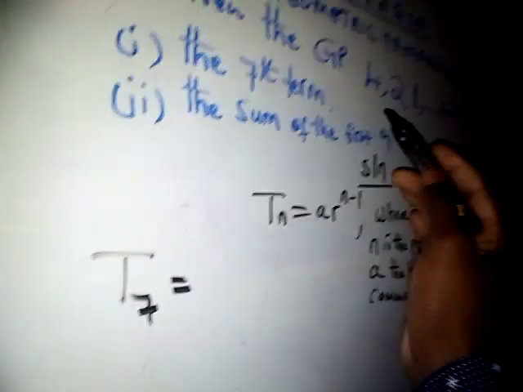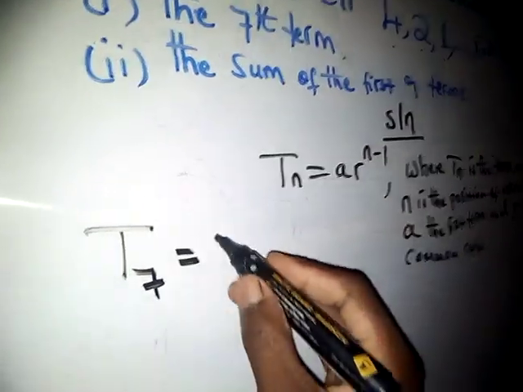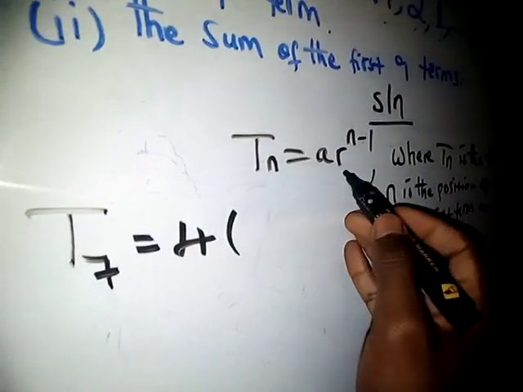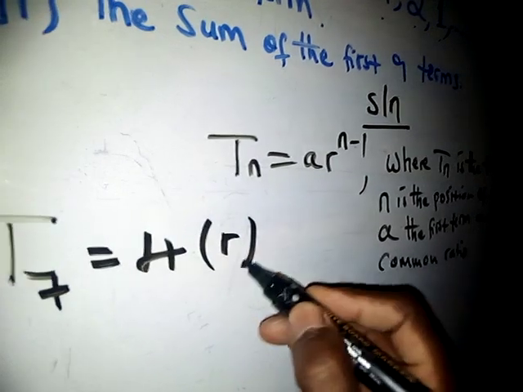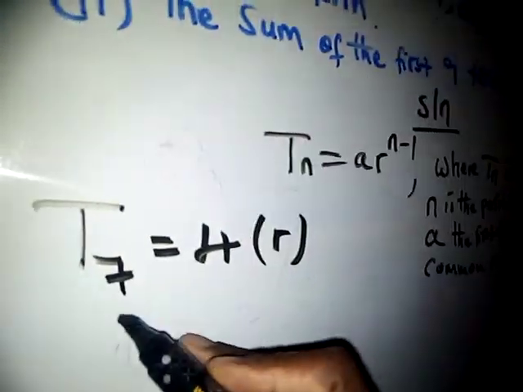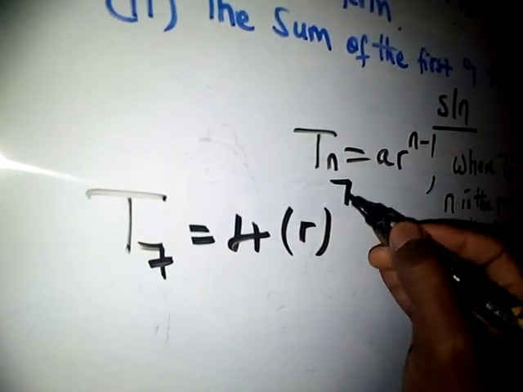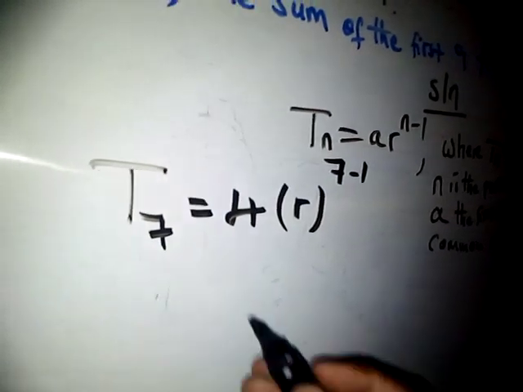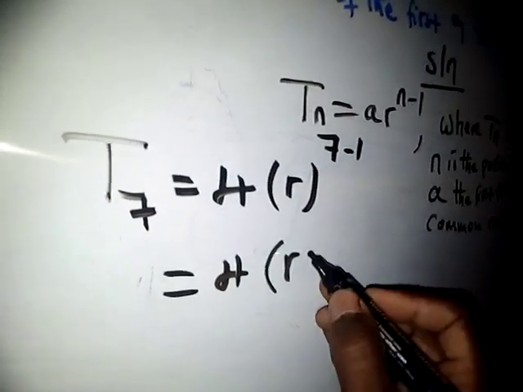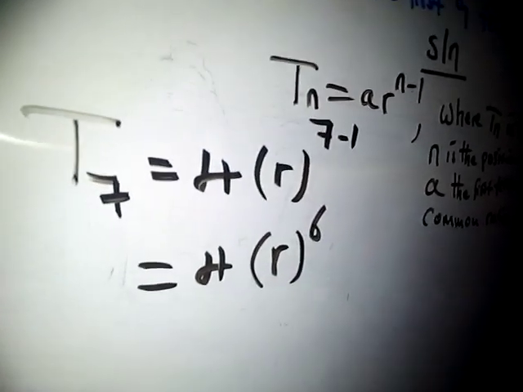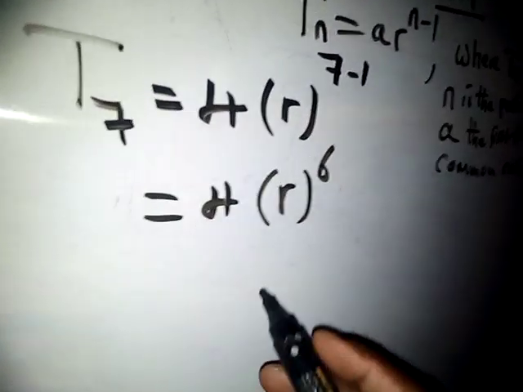In this case, our first term is 4. So put a 4 here, then we open the brackets. Our R, we need to find what R actually is. Then our n is still 7, so this will be 7 minus 1. When you simplify this, we're going to have 4 R to the power 6. This is what you have, but you need to find what R is.